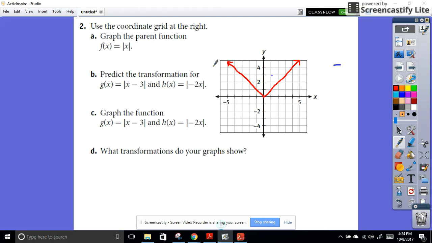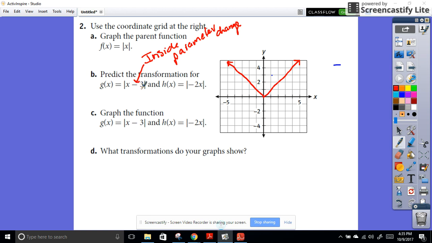Okay, so absolute value change. Predict the transformation for this one. The first thing you should notice is that this minus 3 is an inside parameter change. If outside affects the graph vertically, then what's your prediction for inside changes?